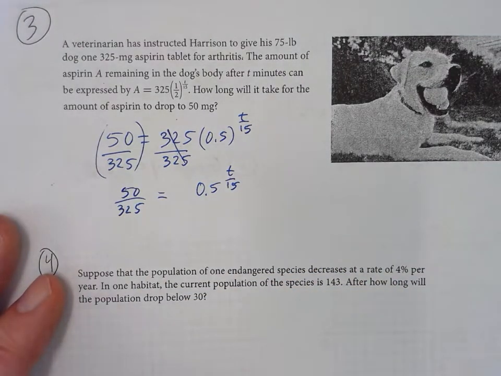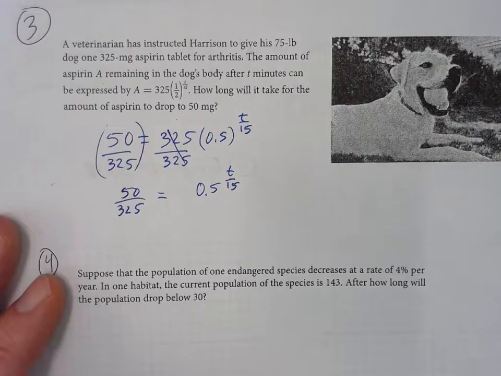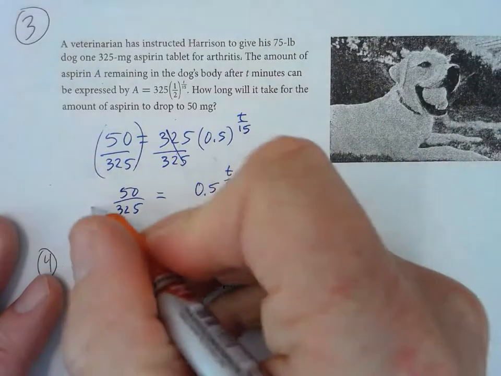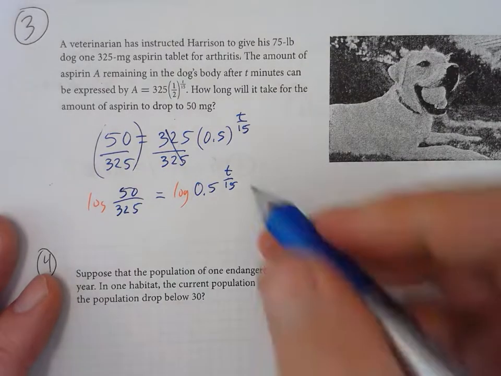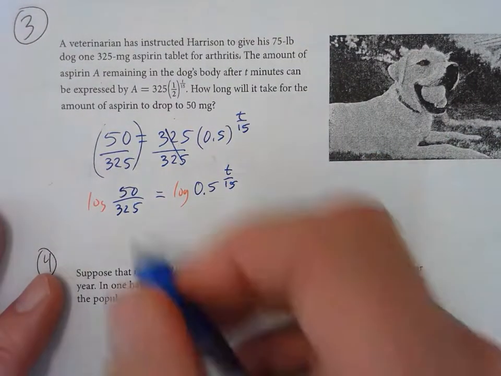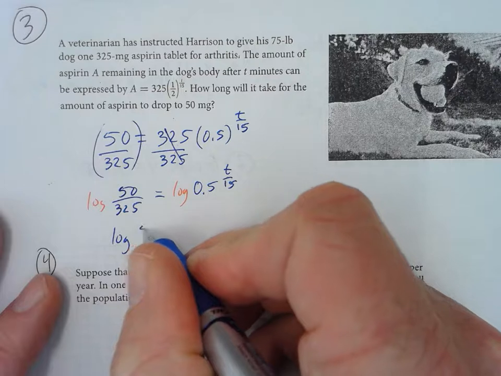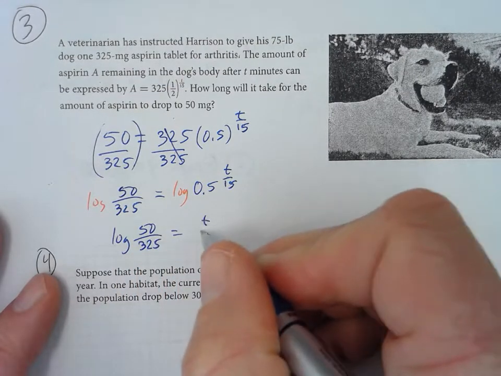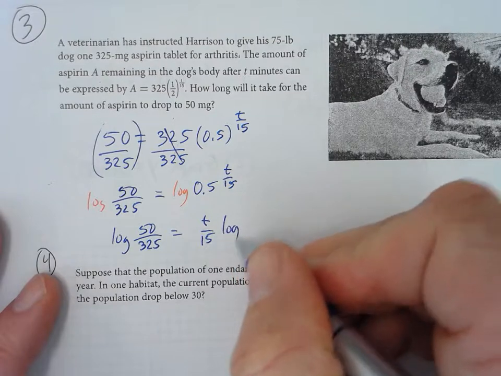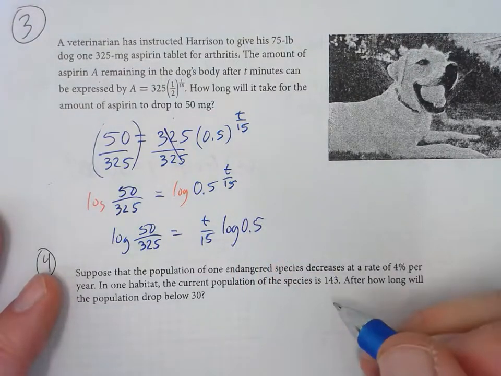We do that by taking the log of each side. Log, log. And then the exponent comes down to the front. That's one of our properties of exponents. So I have log of 50 over 325 is equal to t over 15 times log of a half, or 0.5.